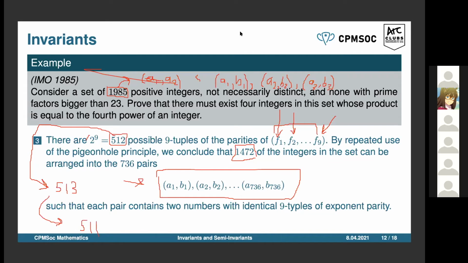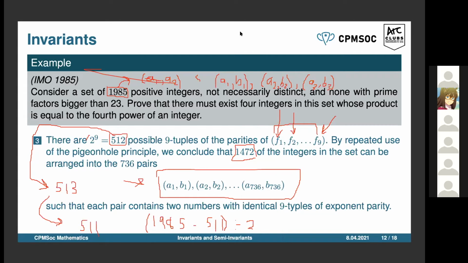So the total number of numbers you can put into pairs will be 1985 minus 511, and divided by 2. So the number of pairs in total will be 1472. Wait, hang on.